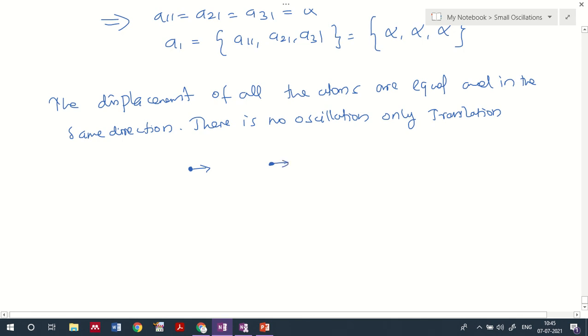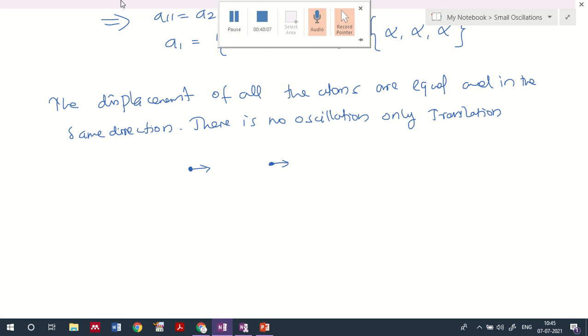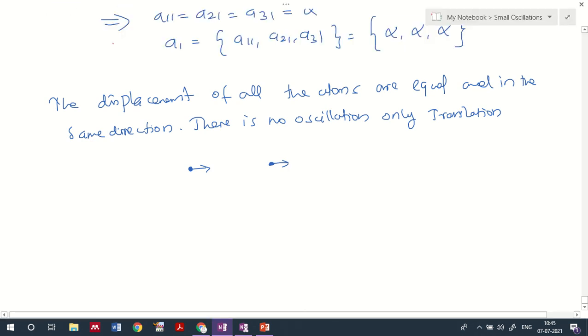Okay, so it is just moving. In this case, for the carbon dioxide case, the only associated motion is a translational motion, that is, along one direction there is a movement. So that is the case of the first discussion. Okay, the displacement of all the atoms are equal and in the same direction.